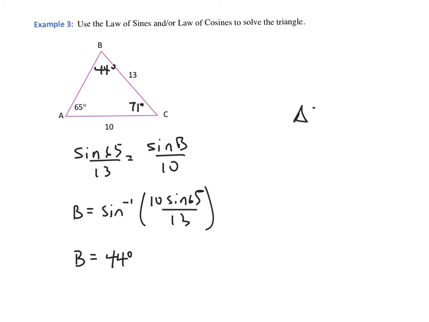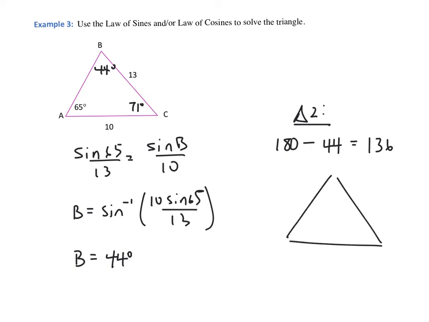Here you go, we're going to try for triangle 2. We take 180 and subtract 44. What is 180 minus 44? 136. So in my triangle, if I draw it exactly the same way, I've got a 65, a 13, a 10, and angle B up here is now 136.